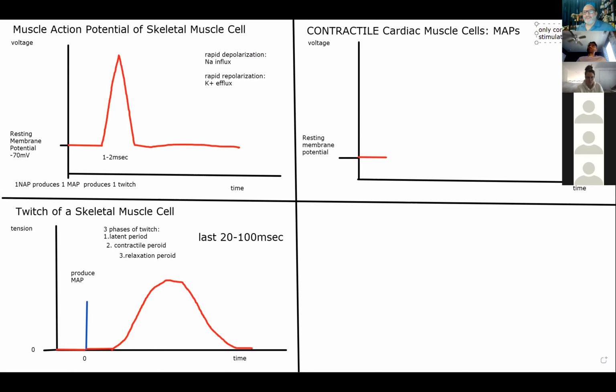So when there is a stimulation, so let's actually add that to remind us. Stimulation. When there is a stimulation, just like we see in our skeletal muscle cell, we see a rapid depolarization.